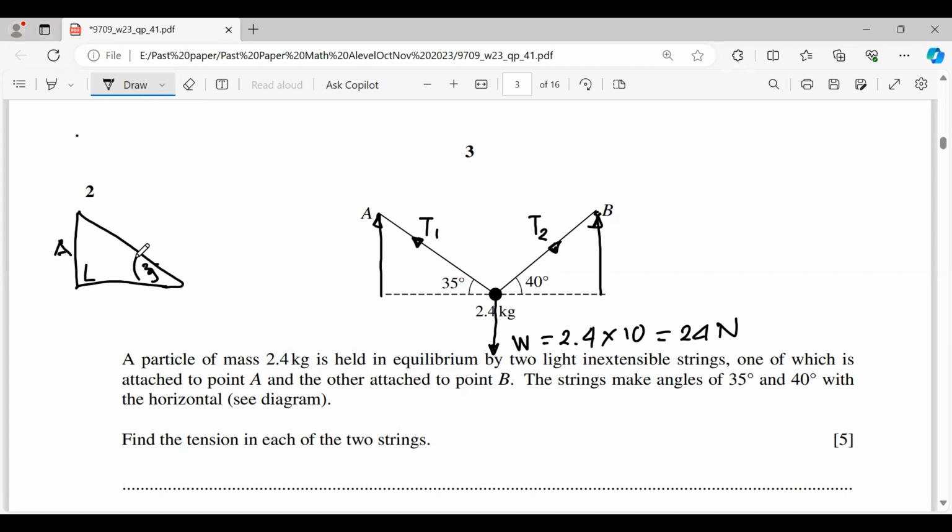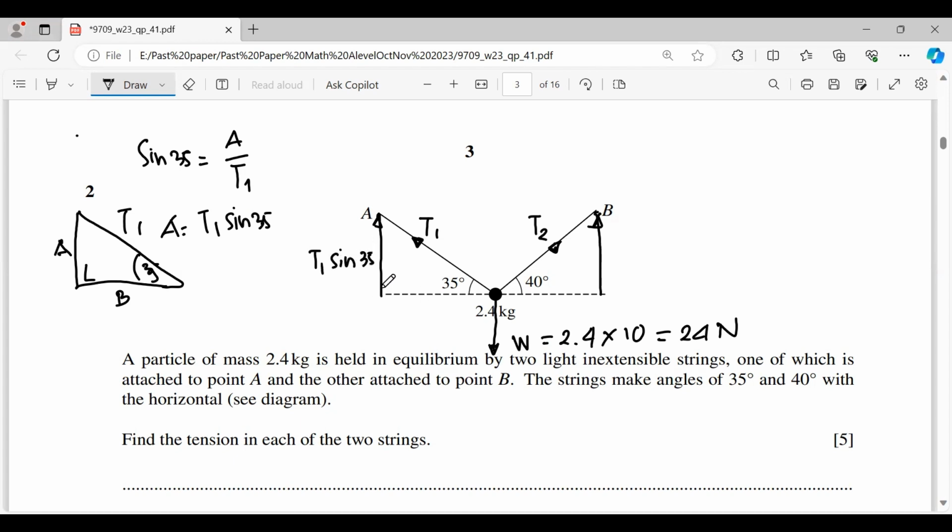If this is A and this is B, T1 sine 35 equals A over T1. So A equals T1 sine 35. So this force is T1 sine 35.